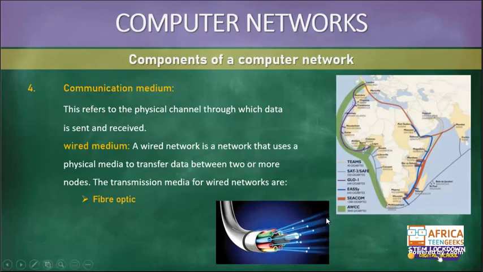And then this is mainly used as backbone, like connections between continents. Like for instance, there is a connection that goes from Cape Town to Europe, which goes through West Africa. If you remember, I think beginning of this year, we had a problem with internet when it was slow.